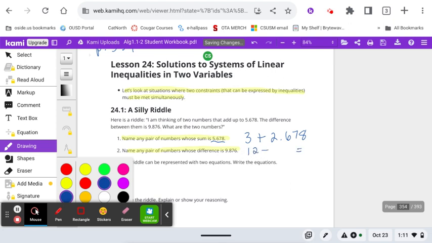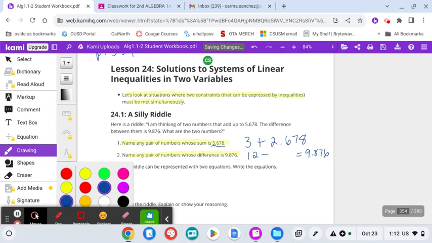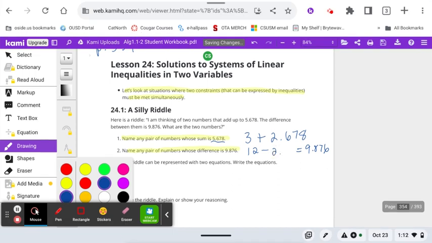And then in order to figure out what would result in 9.876, you had to grab a calculator and do 12 minus 9.876. And that would give us the difference that we're looking for to subtract right here, 2.124, for example.